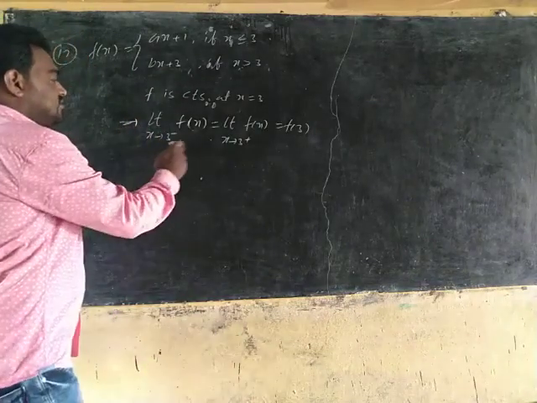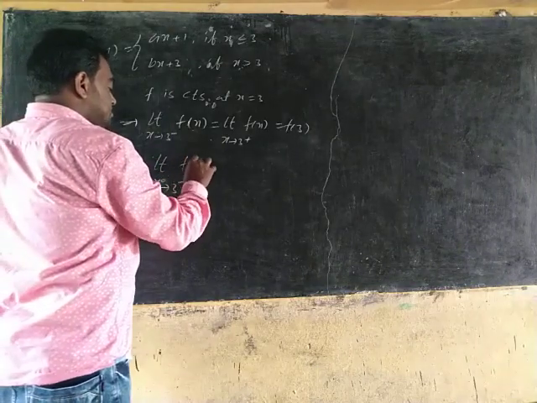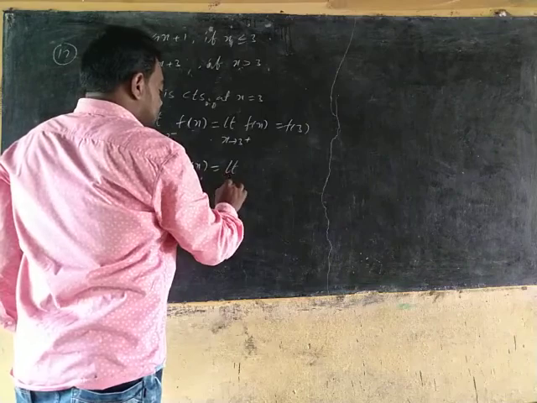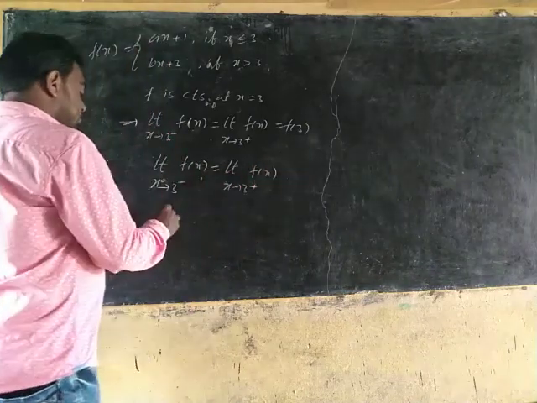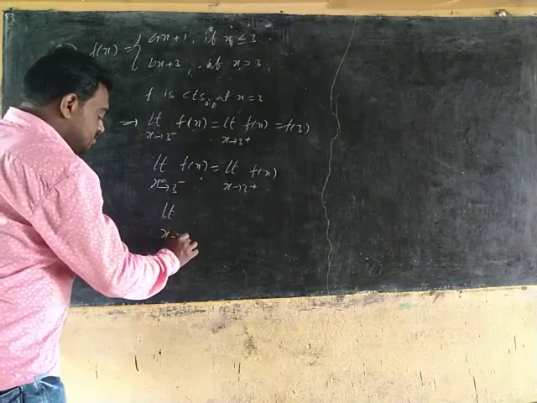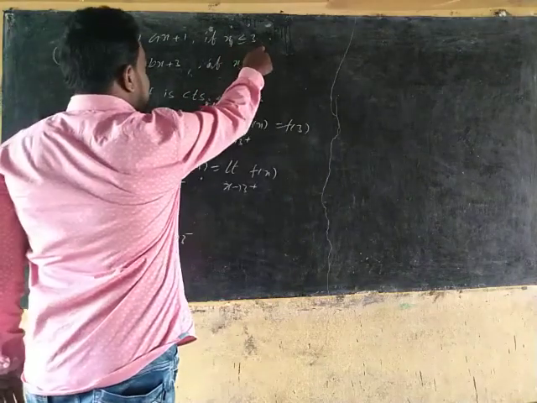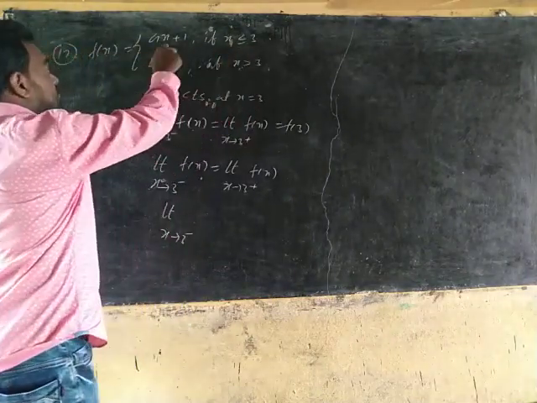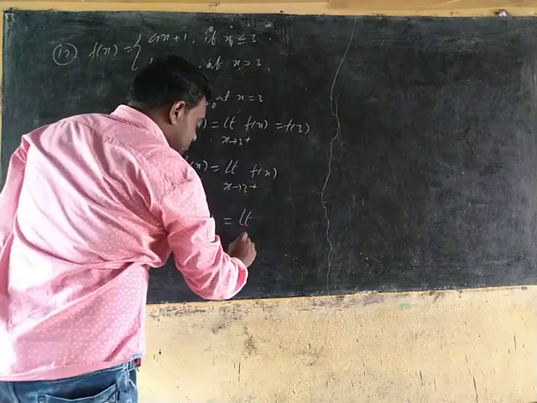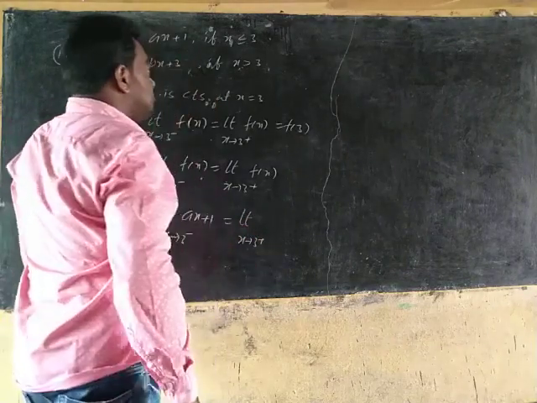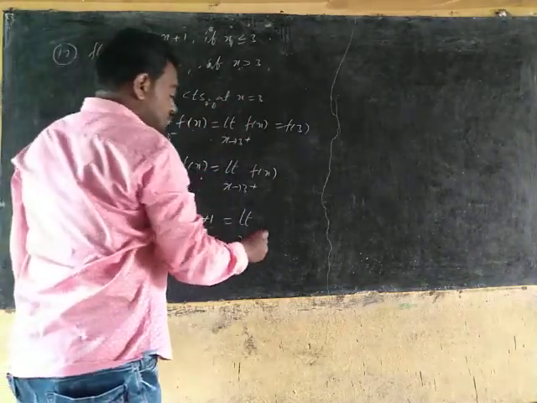Now you take this equality, limit x tends to 3 minus of f of x is equal to limit x tends to 3 plus of f of x. Limit x tends to 3 minus means x is less than 3 or greater than 3? X is less than 3. When x is less than 3, f of x is defined as ax plus 1, equal to limit x tends to 3 plus, which means x is greater than 3. When x is greater than 3, f of x is equal to bx plus 3.